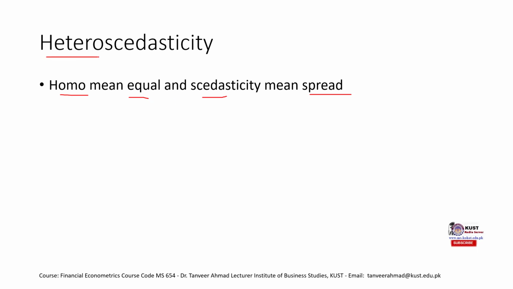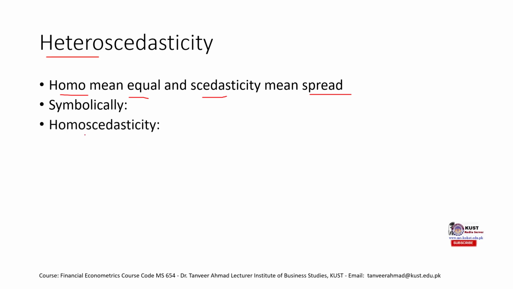And when we say heteroskedasticity, that means that the variance or the spread is not equal. It varies, right? Or we can say hetero means more than one, and skedasticity means spread or variance. Then that would mean that there are more than one variances.